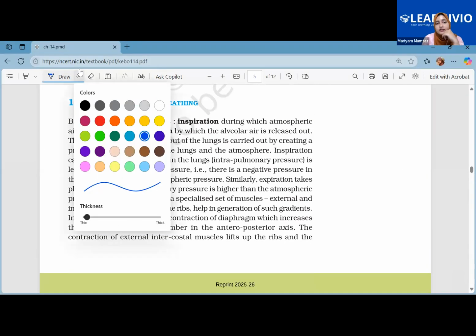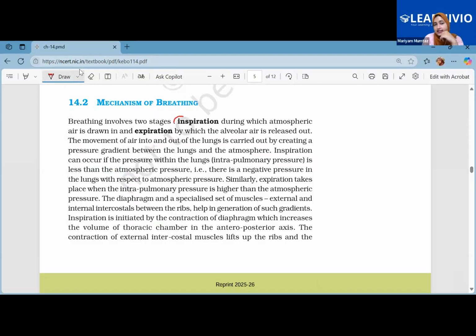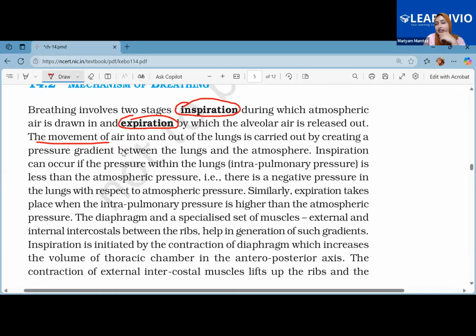See, the process of breathing in is called inspiration, and the process of breathing out is called expiration, right? Inspiration and expiration means breathing in and breathing out. Now, the whole entire movement of the air into the lungs and out of the lungs is carried out by creating a pressure gradient.